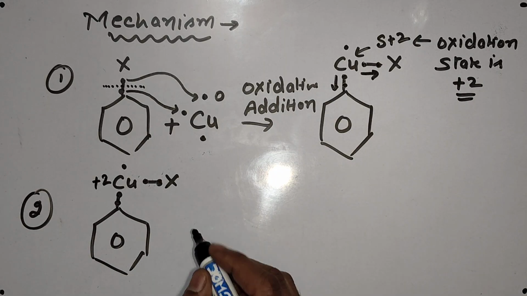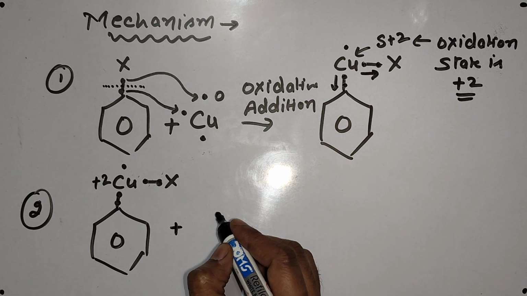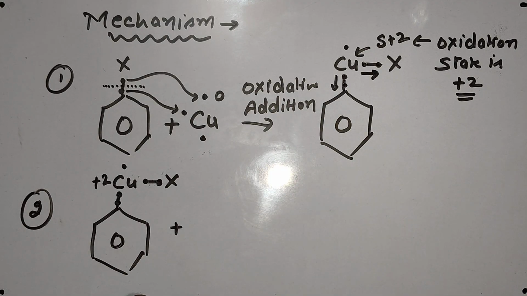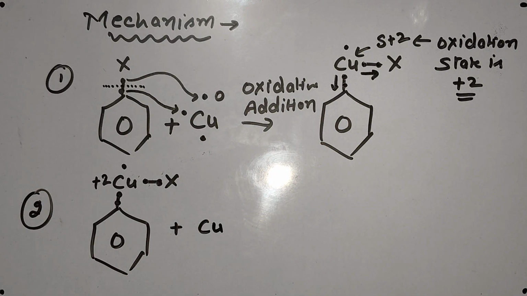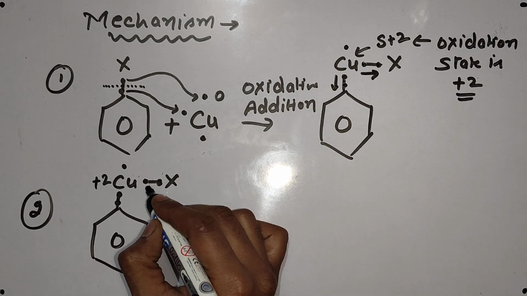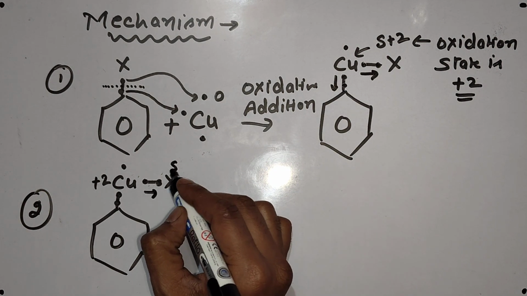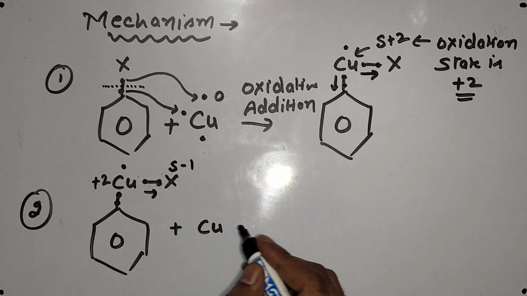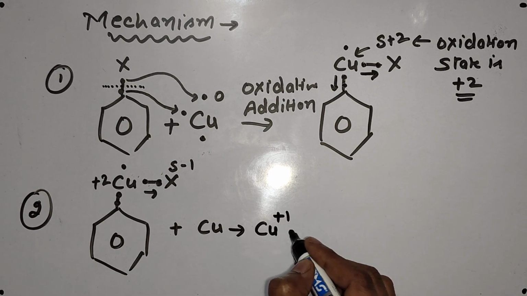Now this intermediate reacts with another atom of copper. In the balanced chemical equation we saw 2 copper atoms are utilized, so here we have the role of the second copper atom. We know because electrons are toward X, X is carrying what charge? Partial negative charge. The second copper atom will lose 1 electron.